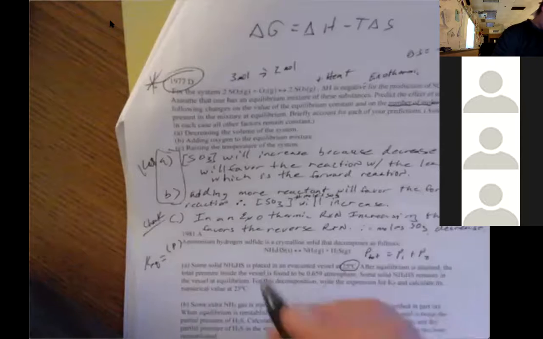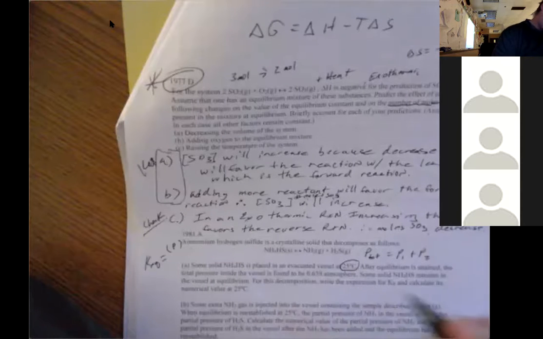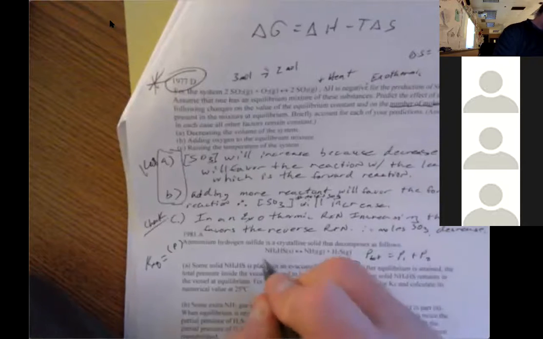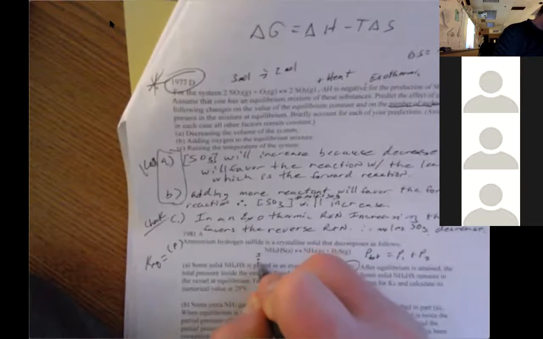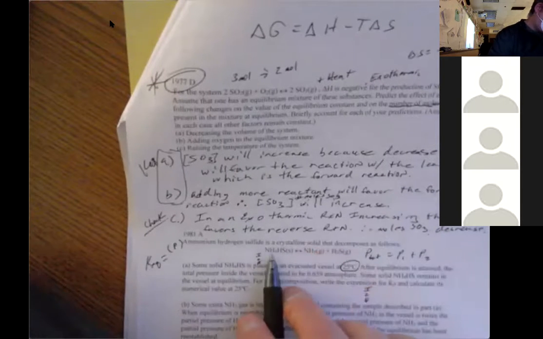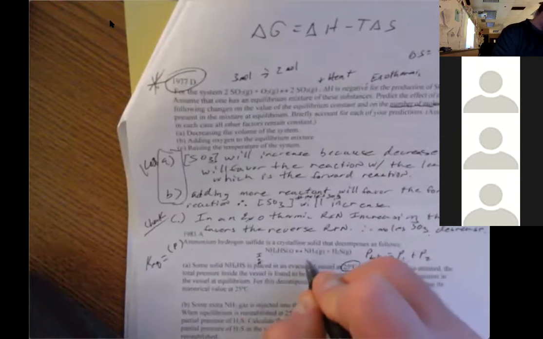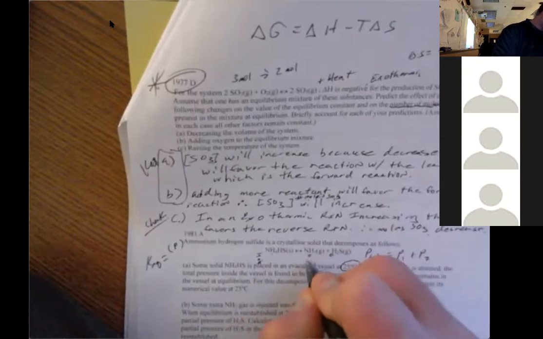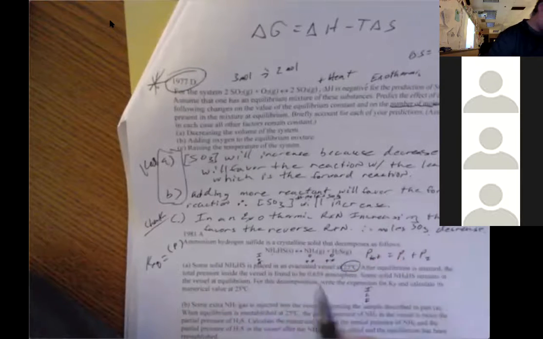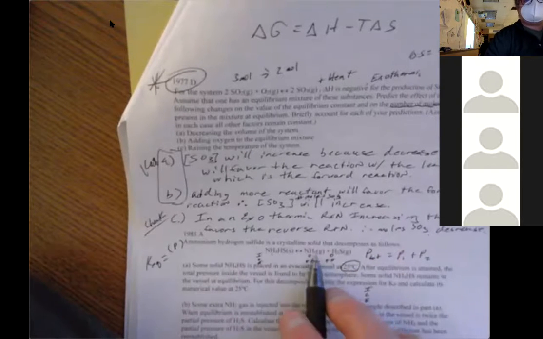If we take a look with an ICE table, and did I not leave enough room here? Actually, maybe I can do it here. ICE. We don't care about the solid, but we have 0 of this and 0 of this. So that's going to be a plus X and a plus X. It's 1X and 1X.